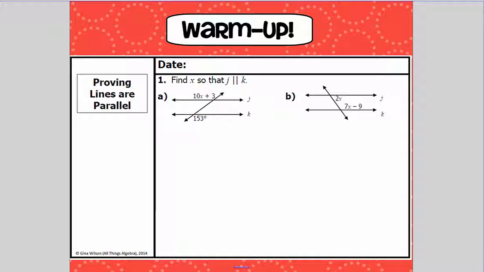Okay, so we're going to go through the warm-up together. I can see that I have two angle measures, and these are alternate exterior angles. So their measures will be congruent.